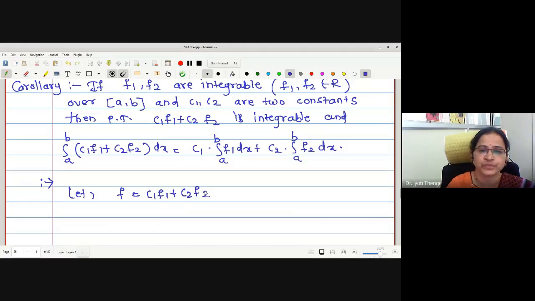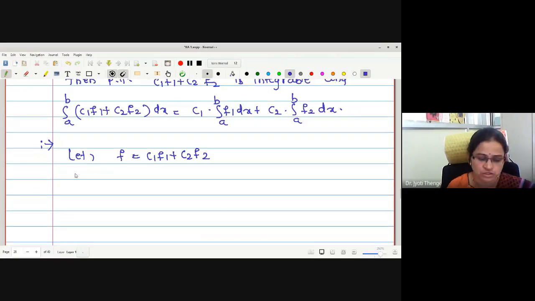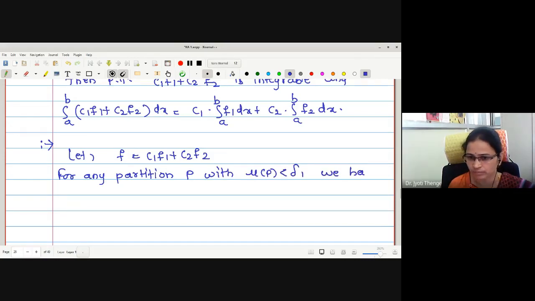Now we will write the partition, and with the help of the partition, we are going to write the definition of integrability. For any partition P with norm P less than delta, we have what we have.